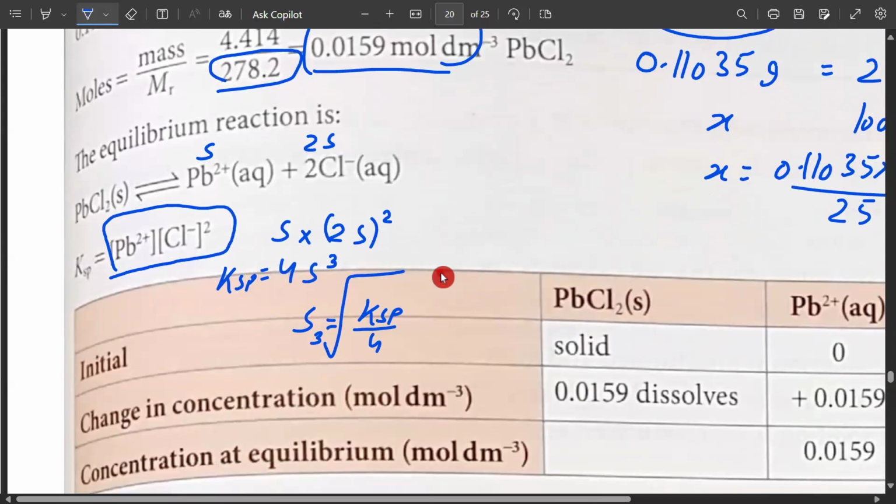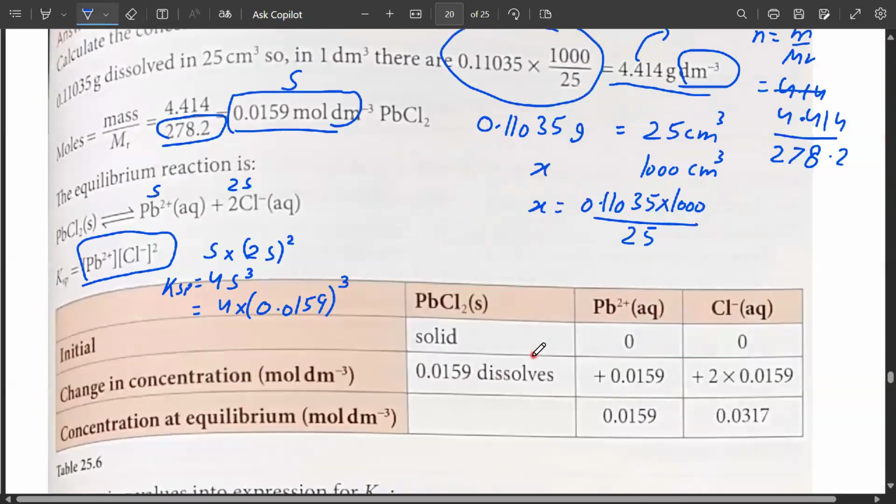Oh, yes, we have S, as we have to find KSP. Yeah, KSP, my mistake. We have to find KSP exactly. So 4 into the S value, which is 0.0159, and its cube.